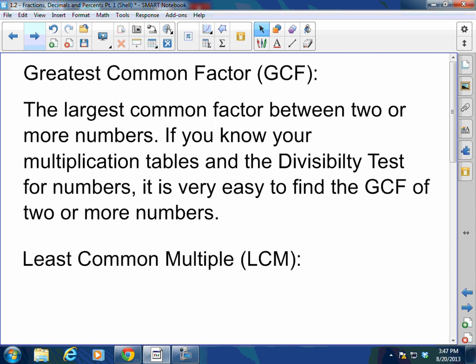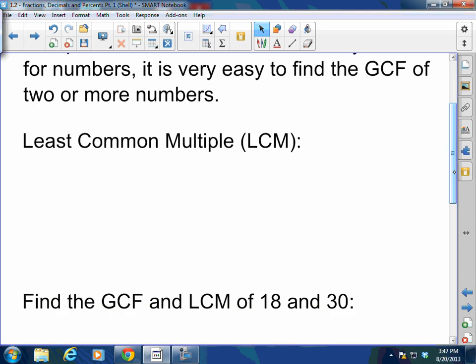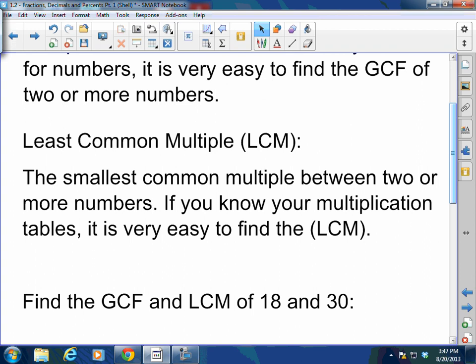What is LCM? LCM is the least common multiple. The smallest common multiple between 2 or more numbers is called the LCM. If you know your multiplication tables, it is very easy to find the LCM.